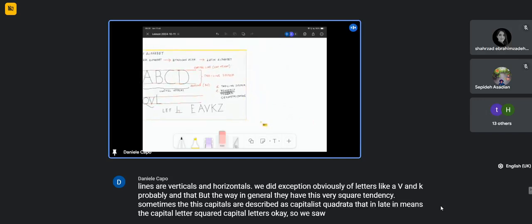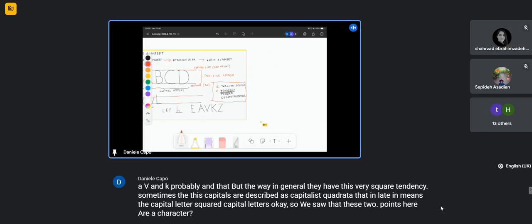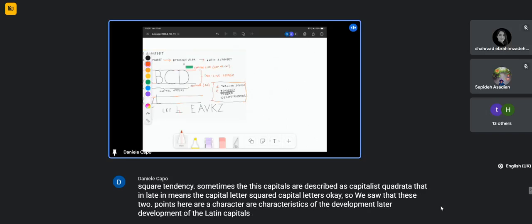We saw that these two points here are characteristics of the later development of the Latin capitals.